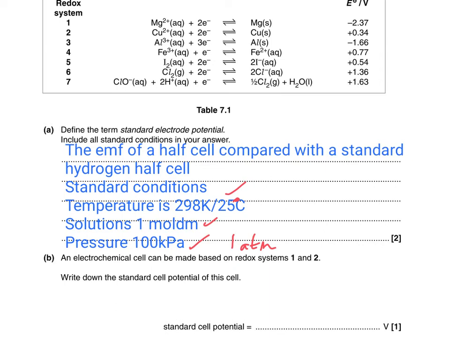so for our next one, we're looking at a system based on redox systems 1 and 2. So we're looking at number 1 and 2. This is our magnesium is the more negative one, so that goes in the negative direction. And our copper is more positive, so it goes in the positive direction.